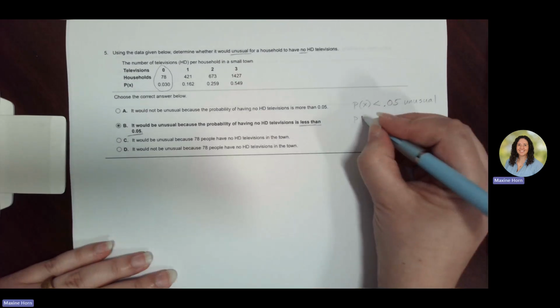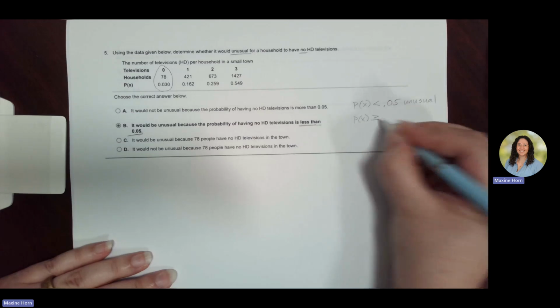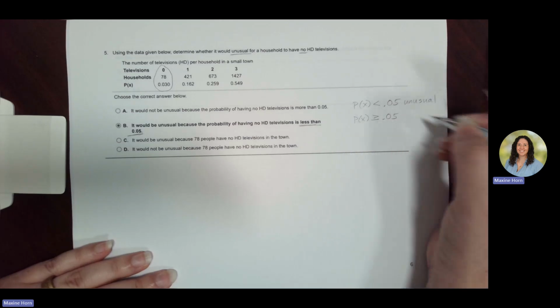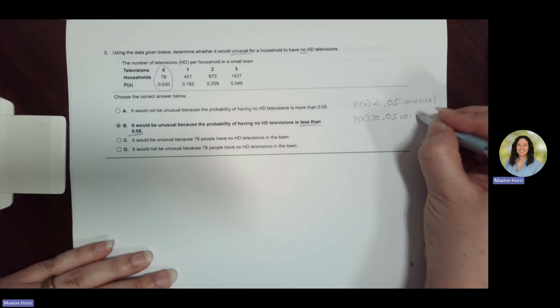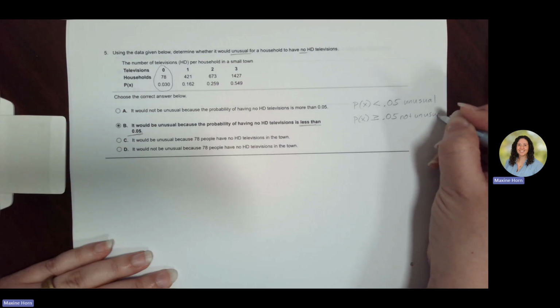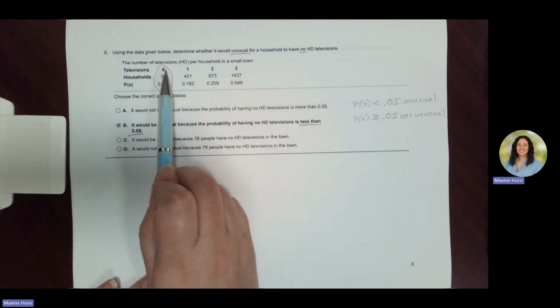Okay. If your probability is greater than 5%, excuse me, you're not unusual. So the probability of having 0 HD televisions is 3%. 3% is less than 5%. So that is unusual. Okay.